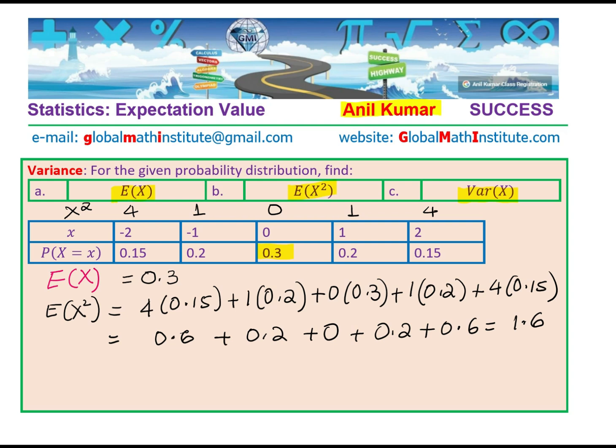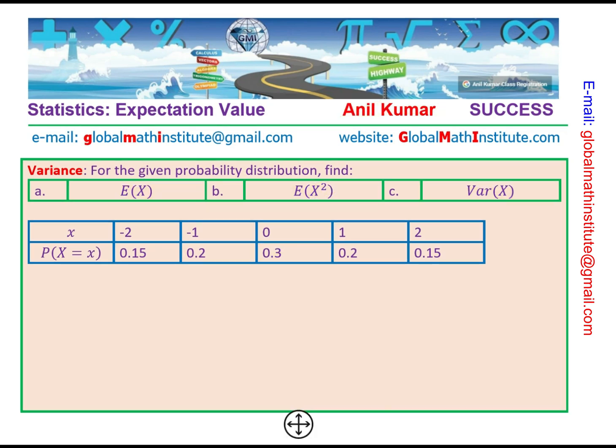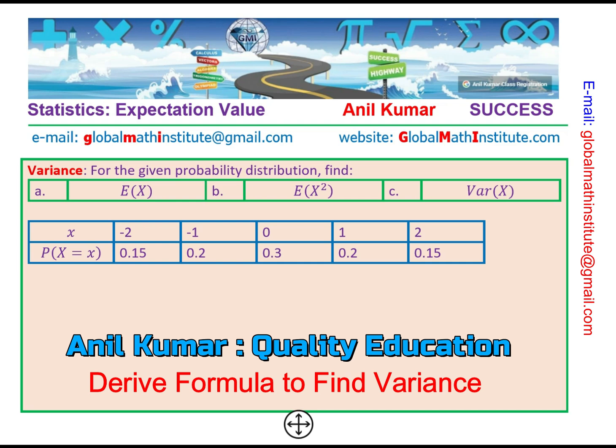Now here, how do we find variance? This is what we need to understand. I can actually get the result right here. However, I like to discuss with you the formula, how it is derived. That will be very useful for you. So now let's look into what is variance and how do we find it from the expected value.